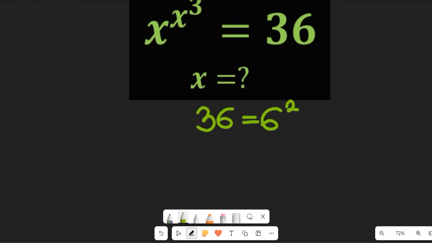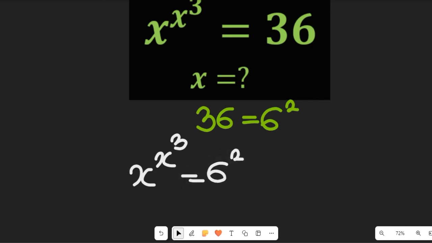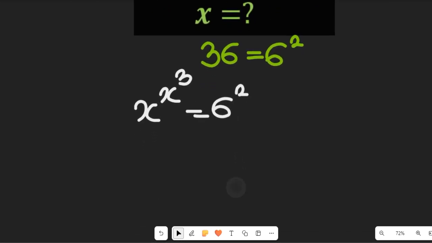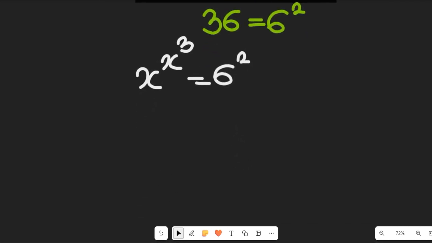So that expression will now give us x to the power of x to the power of 3, and this will be equal to 6 to the power of 2. So in the next stage, we are going to consider simplifying this. And to simplify this, what we'll consider doing is to take the cube of both sides.